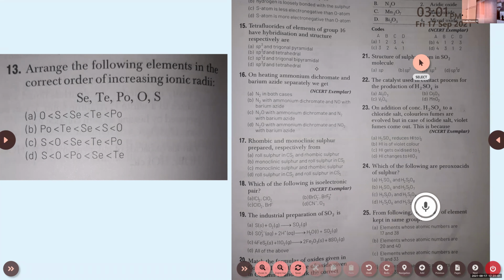Increasing from top to bottom, so oxygen has the least. Yes, option A: starting from oxygen, then sulfur, selenium, tellurium, polonium. So option A.